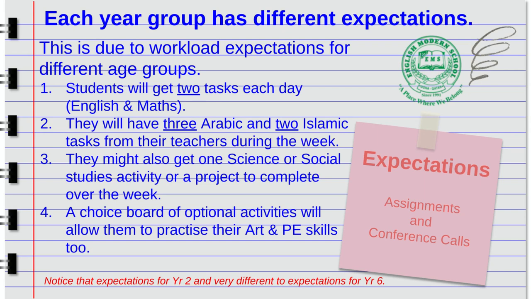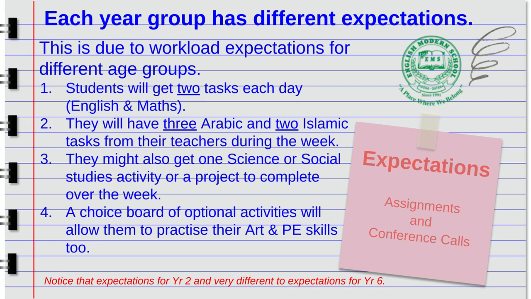The workload expectations are obviously different in each age group. We can't possibly compare what a year 6 can do to a year 2. And similarly, in year 4 and year 5, there might be a smaller difference in the expectations, but there is a difference. Firstly, students will get 2 tasks each day: an English task and a maths task.